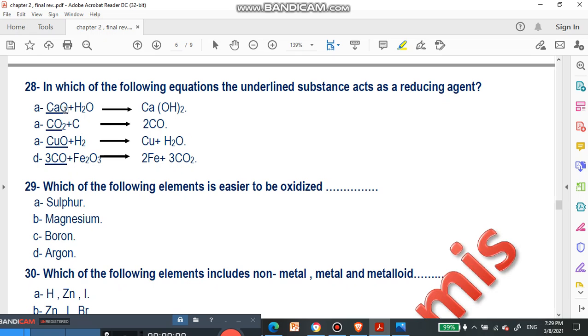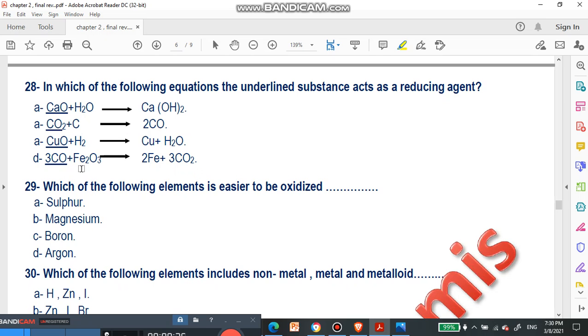So if we compare here, the first one, A, calcium oxide and calcium hydroxide, is not increasing in oxygen atoms.